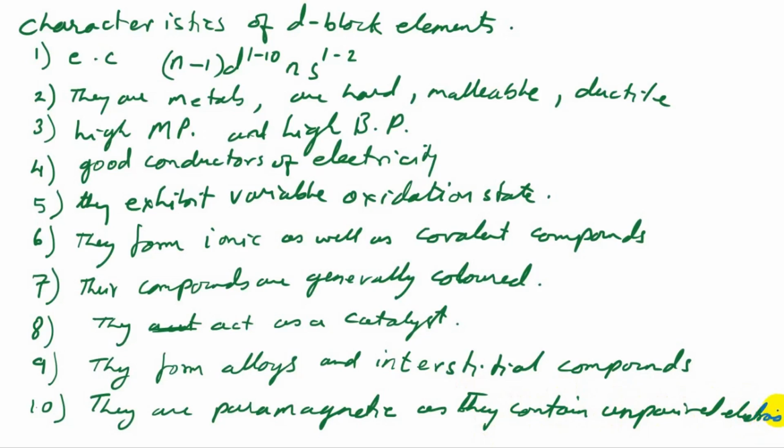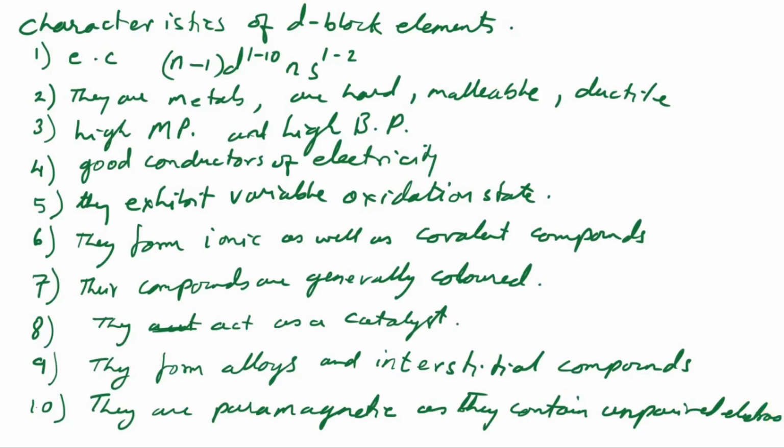Paramagnetic is a magnetic behavior, the behavior in a magnetic field. In a magnetic field, they may be attracted or they may be repelled, weakly or strongly. So if you consider all these properties, you have paramagnetism, diamagnetism, ferromagnetism.